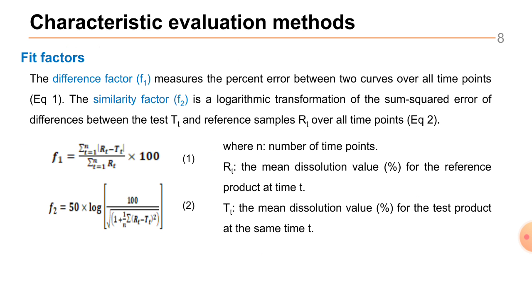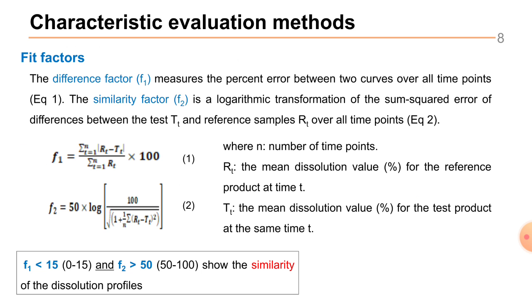From the dissolution data, 5 factors of dissolution efficiency were calculated. The 5th factor consists of difference factor F1 and similarity factor F2. If F1 is lower than 15 and F2 is higher than 50, there is a similarity of the dissolution profiles of the reference and test samples.